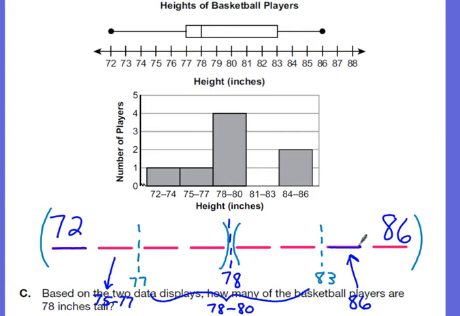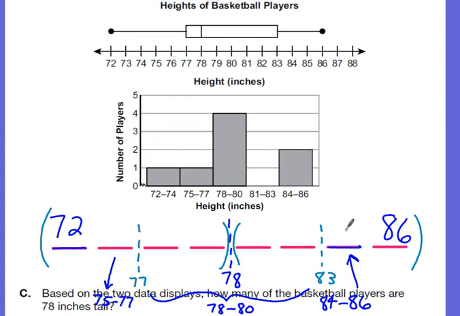So this spot right here, that could be anywhere between 84 and 86. So could that be 84? It could be 84.